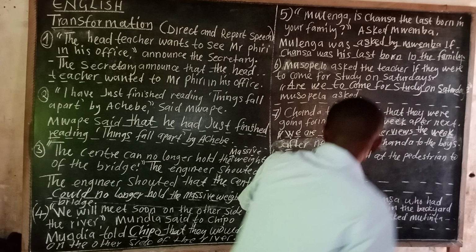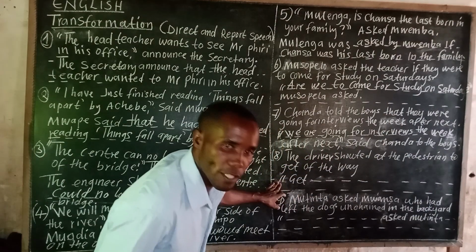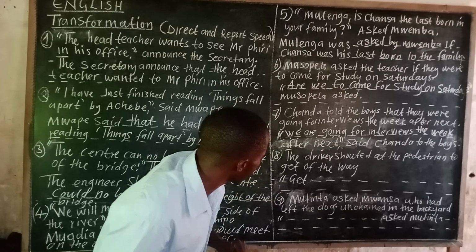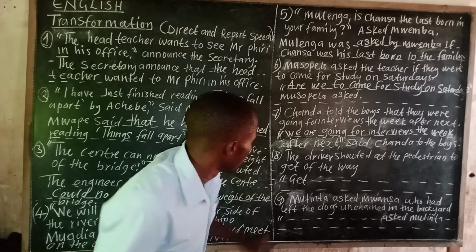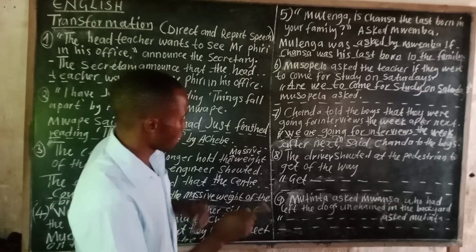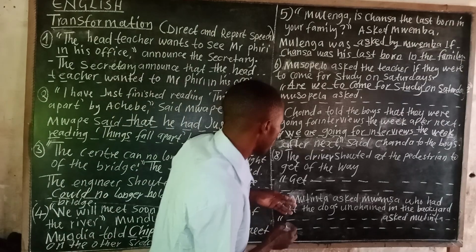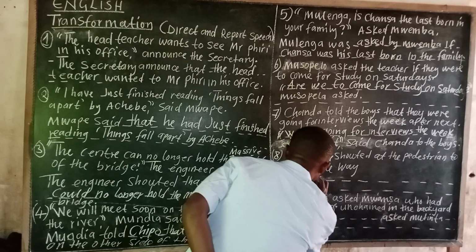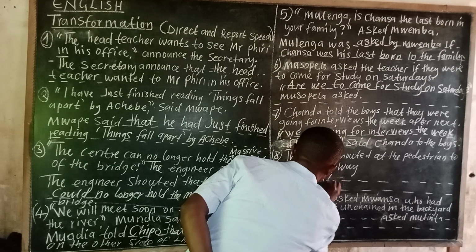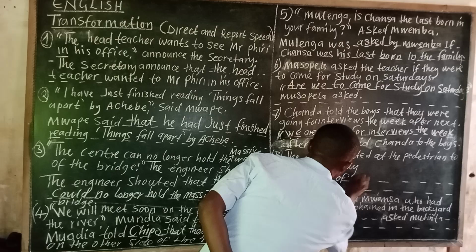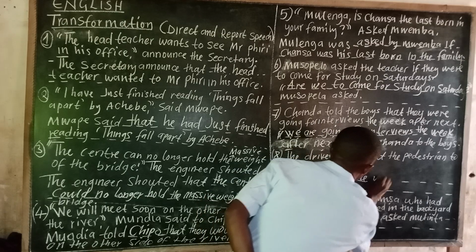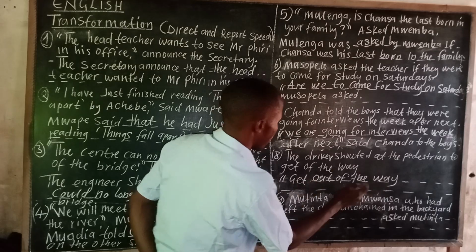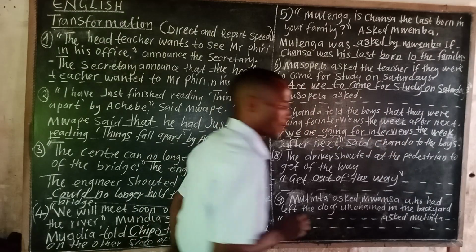Okay, so now we start. Since we are writing in direct speech, we start with the inverted comma. We open the inverted comma, then direct: "Get out of the way." Then you close the inverted comma.